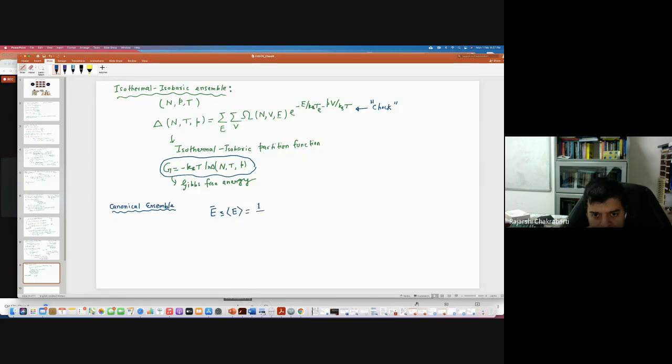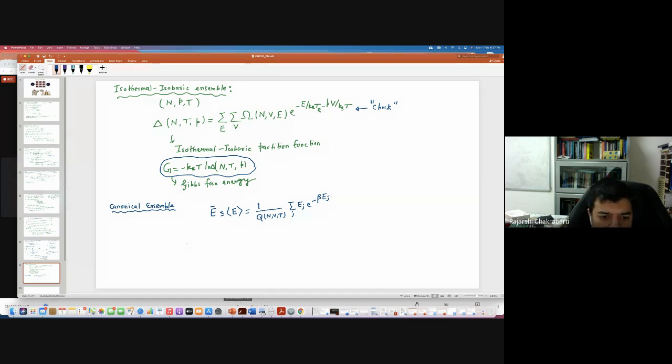This is 1 over Q. I'm writing beta. Okay, this is fine. Is this fine if I write this way? I hope this is fine because this is not a very difficult thing to do. This is your definition of E bar.